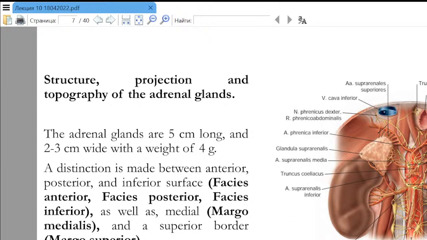The adrenal glands, glandula suprarenalis, are 5 cm long and 2-3 cm wide, with a weight of 4 grams. Distinction is made between anterior, posterior and inferior surfaces: facies anterior, facies inferior, and facies posterior.